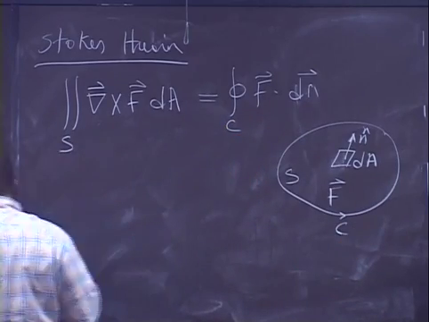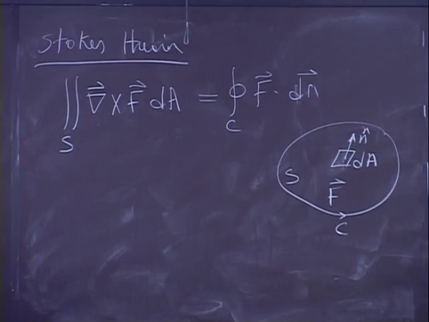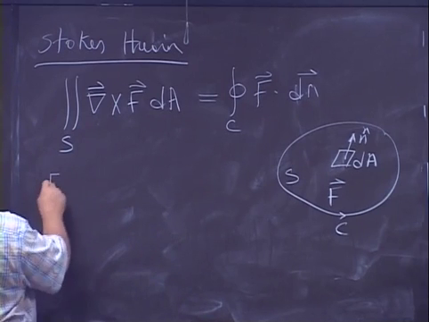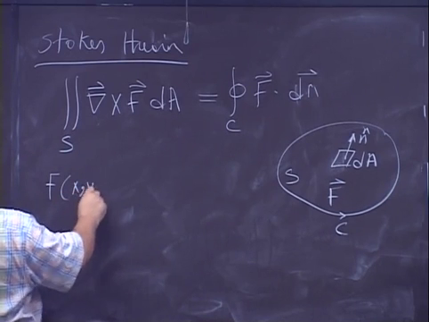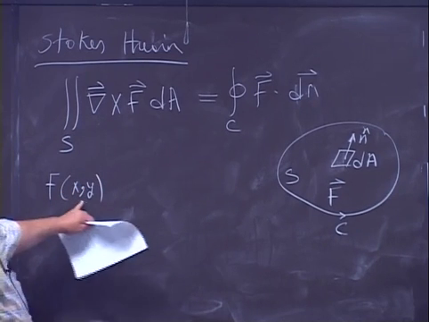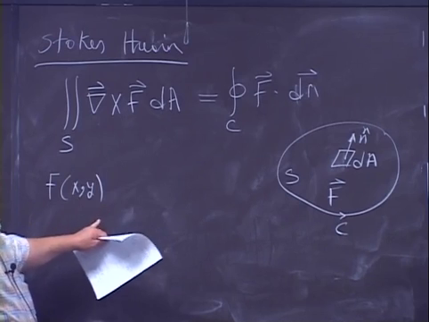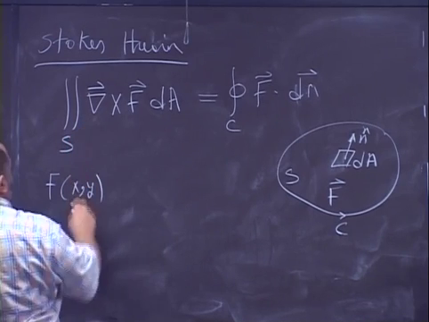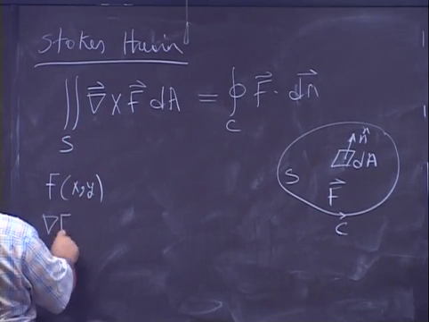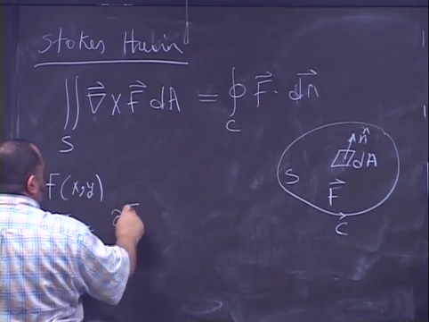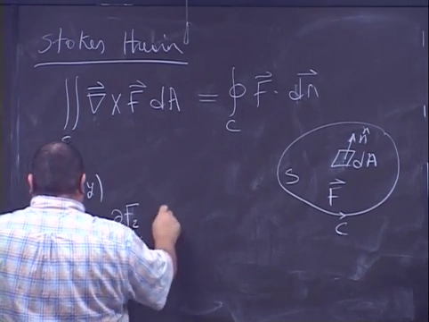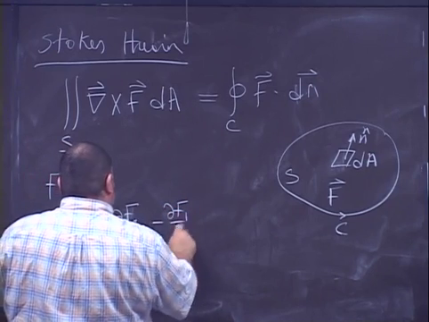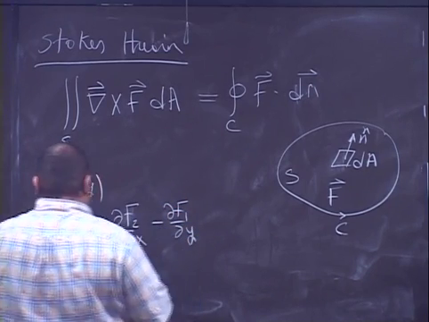And the proof, you will find it in the book, but if f is just a function of x and y, and it's not a function of z, then when you evaluate the curl of f, this will give you dF2 by dx minus dF1 by dy. Okay, guys?